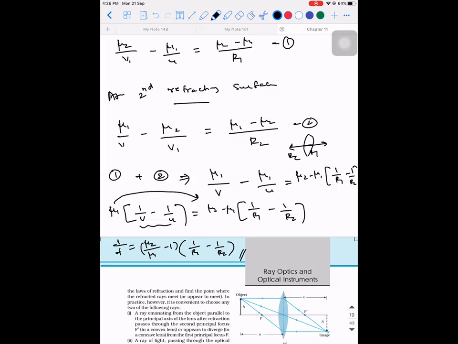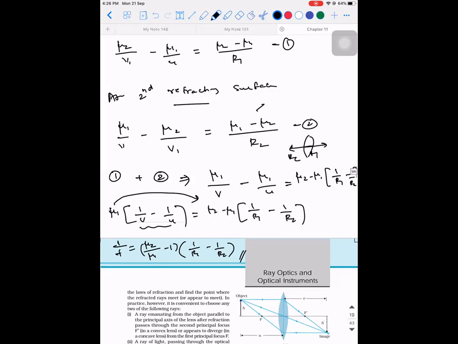Mu2 minus mu1. Second expression? Mu1 minus mu2. So you take the minus sign outside, you get the answer. Yes, sir. So this is nothing but minus of mu2 minus mu1.